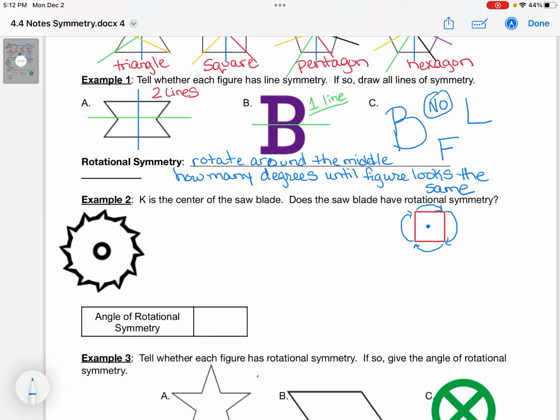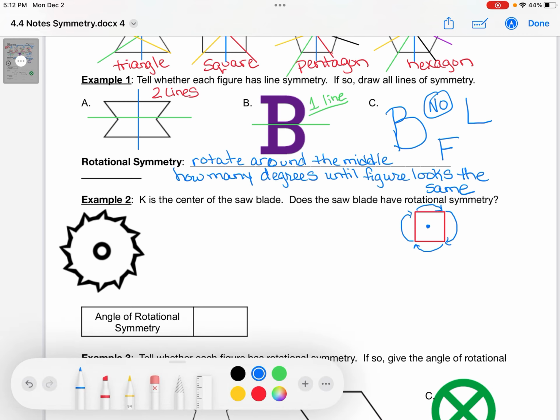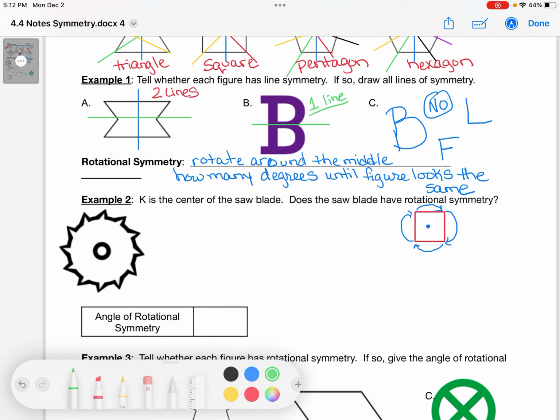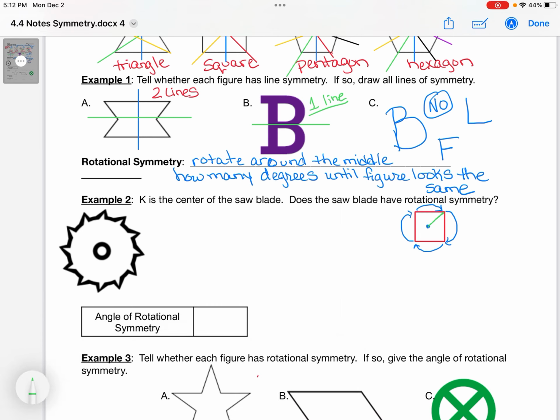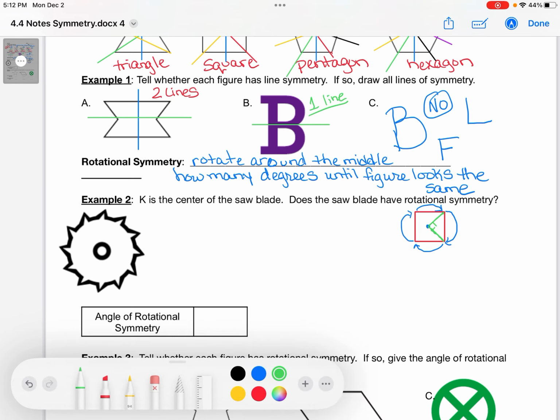You get the idea, right? Okay, so what I'm looking for is the angle that the corner travels to get to the next place where it looks like the same square. And you probably know that that's going to be a 90-degree right angle.